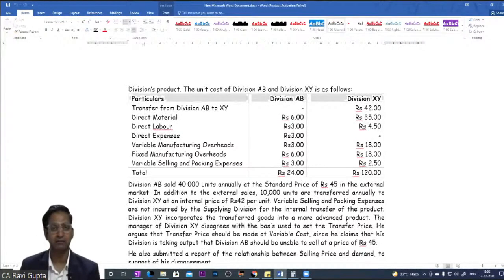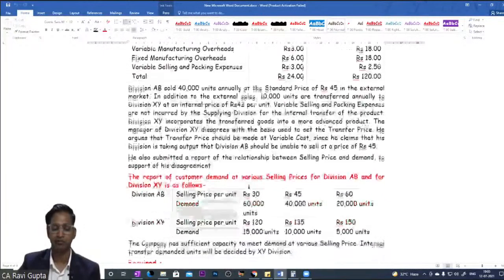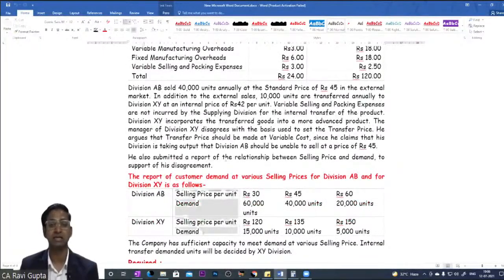What division XY is saying is that division AB can sell 40,000 units in the external market at 45 rupees, but the additional 10,000 units can't be sold in the external market, so why are they charging us 42 rupees? They should charge us variable cost. He also submitted a report of the relationship between selling price and demand to support his disagreement. The report of customer demand at various selling prices for division AB and division XY is as follows. Division AB selling price has been given as 30, 45 and 60 rupees.